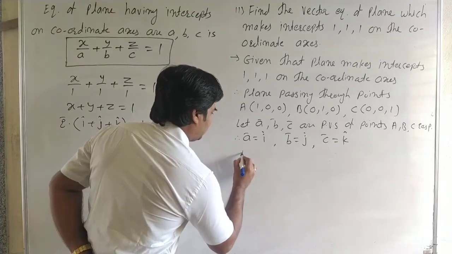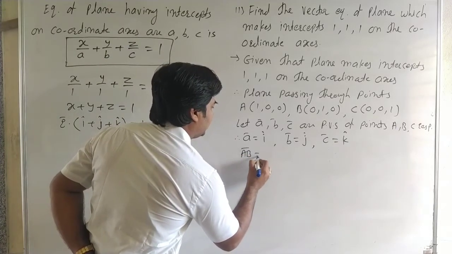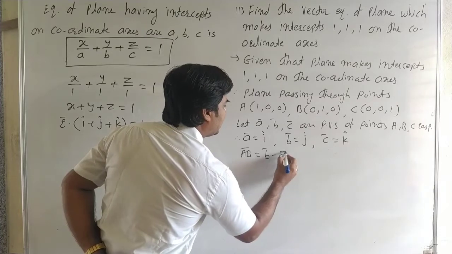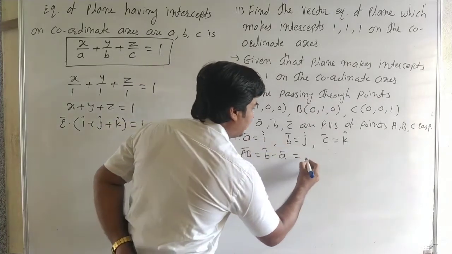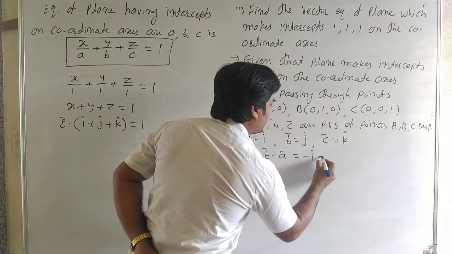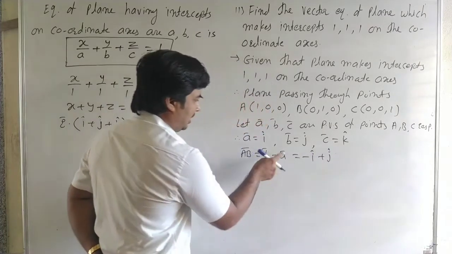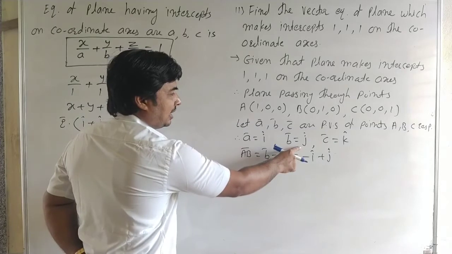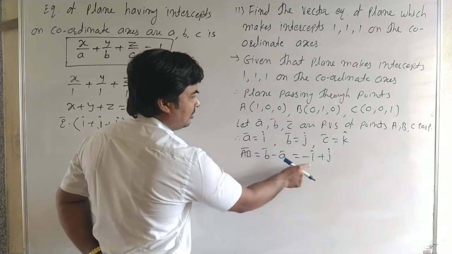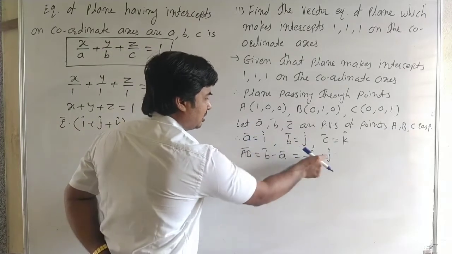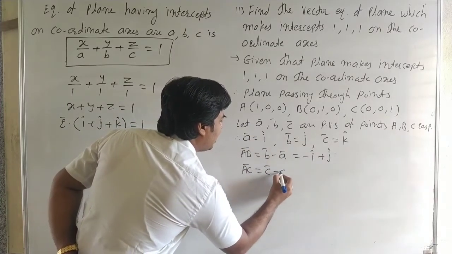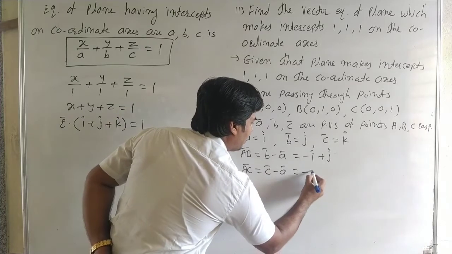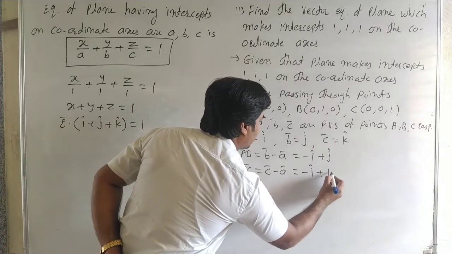Vector AB is B bar minus A bar, see carefully, it is minus I cap plus J cap. Vector AC is C bar minus A bar, again the same, minus I cap plus K cap.